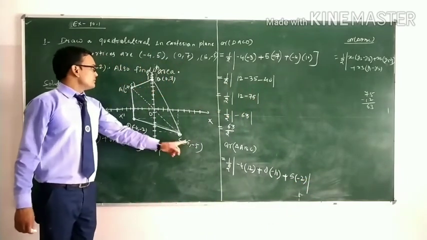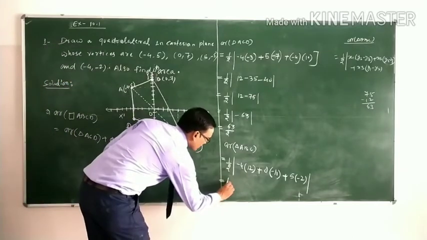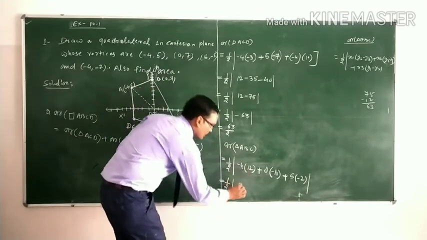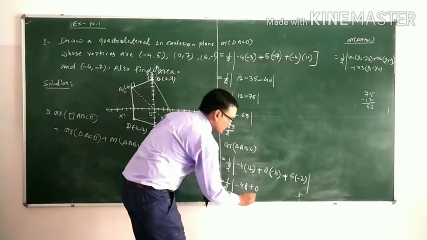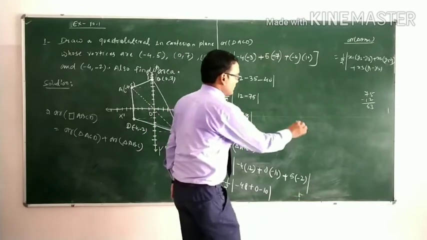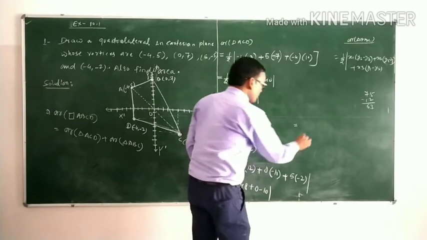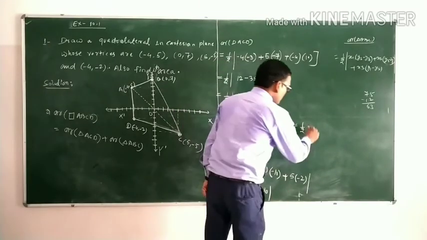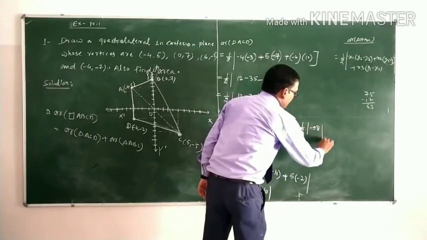5 into 5 minus 7, this equals 1/2 mod of minus 48 plus 0 minus 10. This equals 1/2 mod of minus 58.